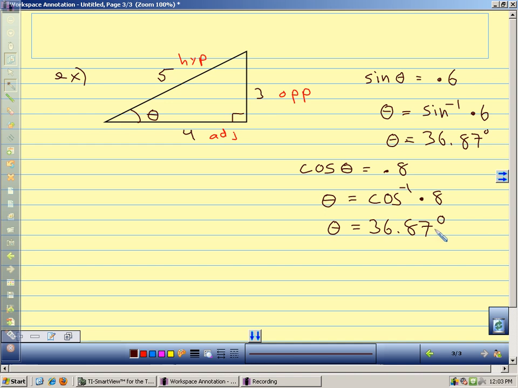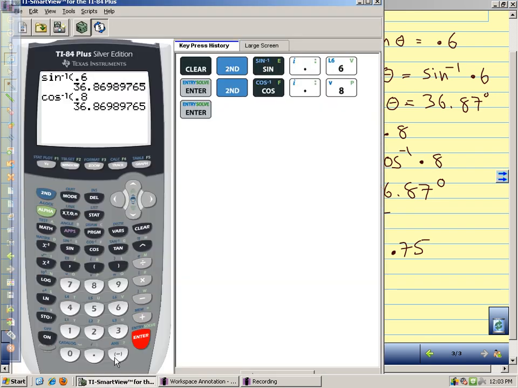And we could also calculate our angle with the tangent ratio. We figured out before that the tangent of our angle was 0.75. So our angle is the inverse tangent of 0.75. We're still talking about the same angle, so we hope this comes out the same.